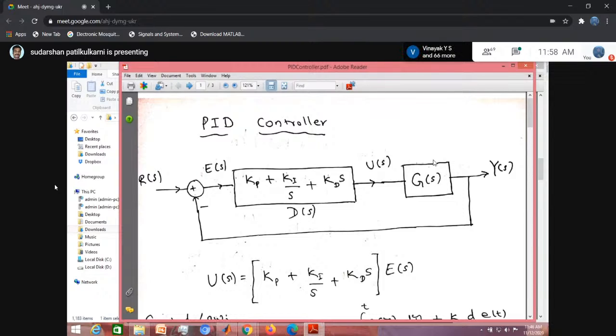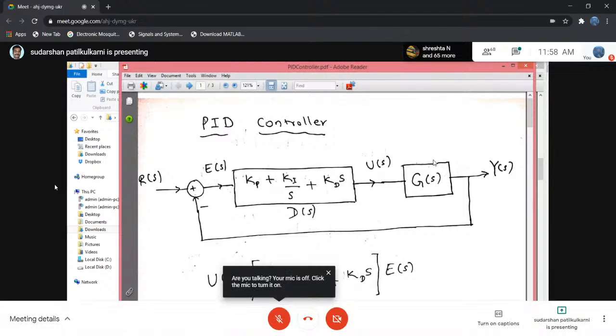That is why we are using a controller and putting the feedback, and we are getting this new system. We are interested in the poles of the closed loop system, so that the step response of the closed loop system satisfies our time domain specification, so that the poles of the closed loop system are at the desired location.